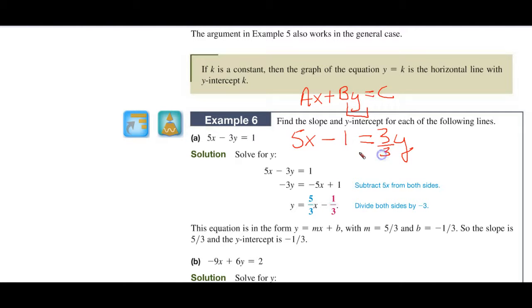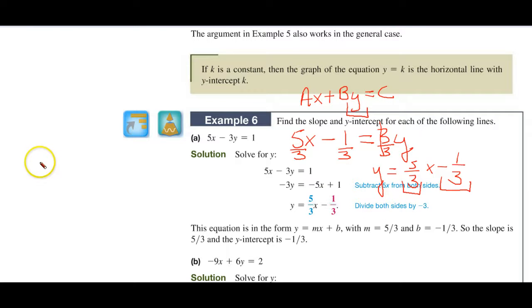Now I divide everything by 3, and then I can rewrite it. y equals 5/3 x minus 1/3. Again, they're doing it a little differently, but that's satisfactory as well. My slope, then, is the numerical coefficient of x, and my y-intercept is in the b position.